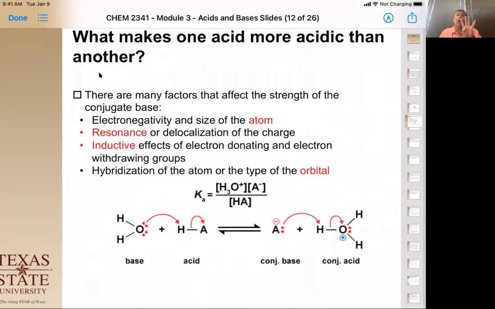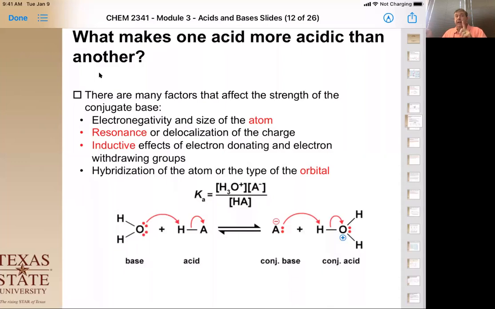So all of these are going to be talking about the conjugate base. Is the conjugate base happy or stable, or does it have some effect that makes it want to give up the proton more? Okay, so there's the electronegativity, or the size of the atom the hydrogen is bonded to. That's one, and I'll talk about that.